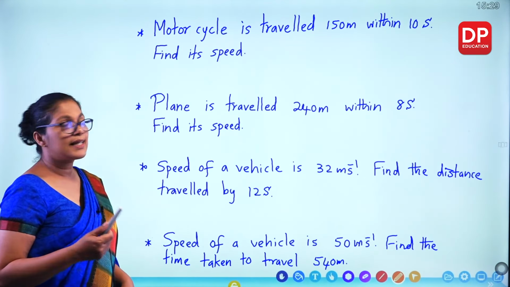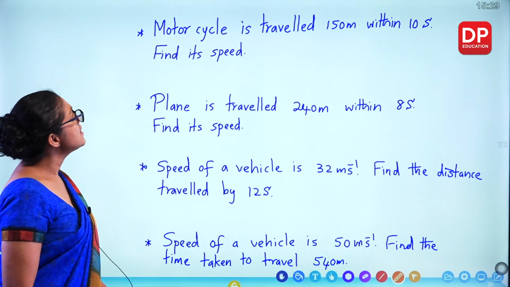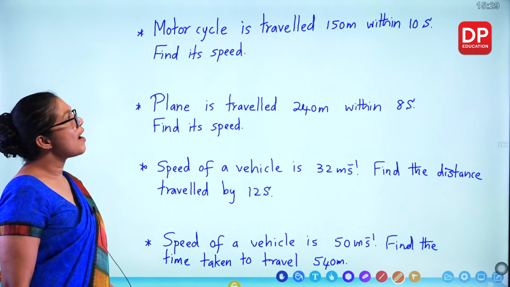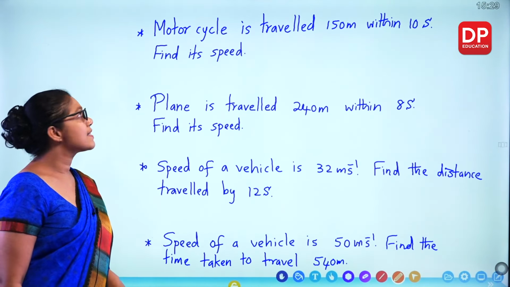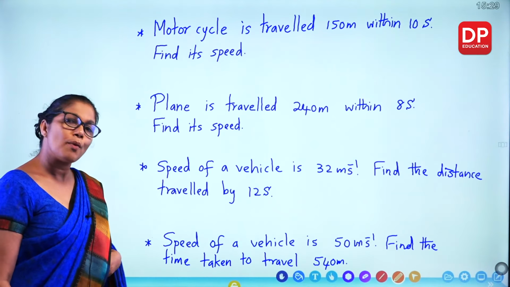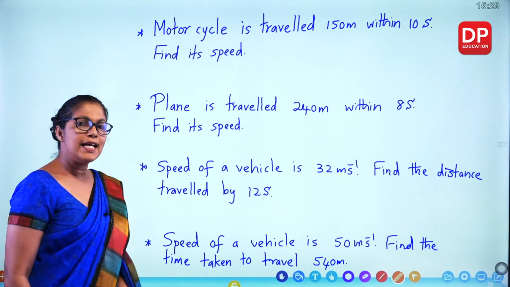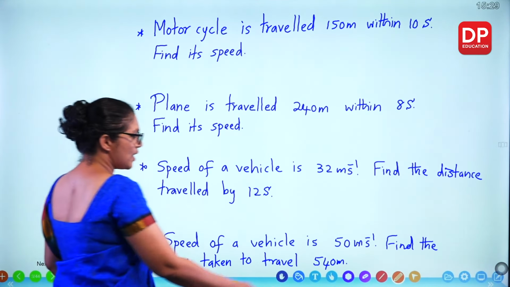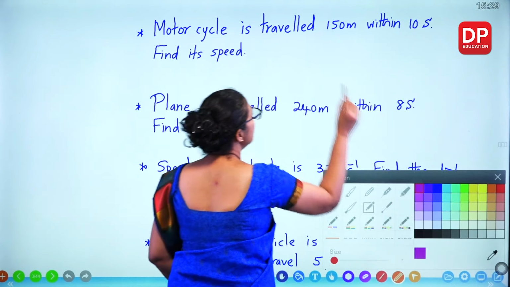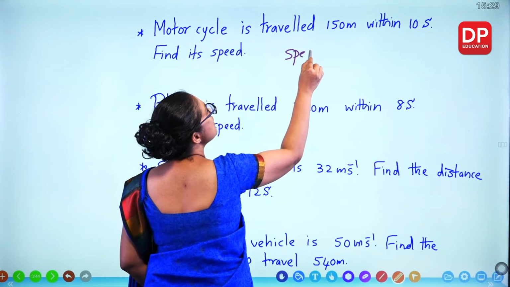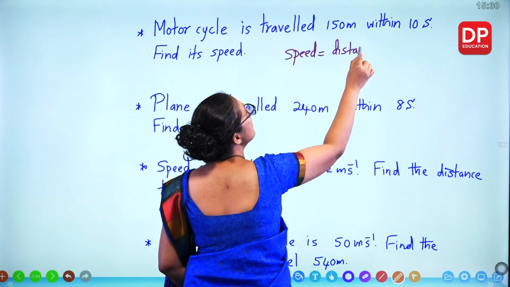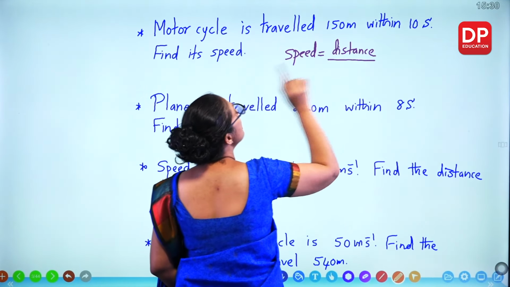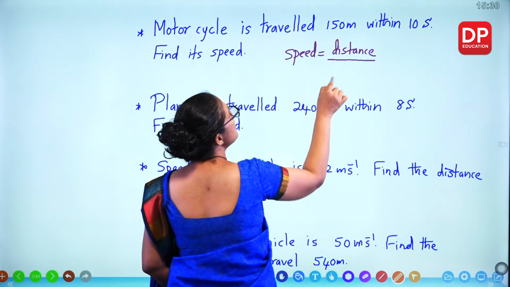Now we'll take some examples. It says a motorcycle has travelled 150 meters within 10 seconds. Find its speed. So what's the formula to find the speed? Distance over time. Speed equals distance travelled divided by the time taken.